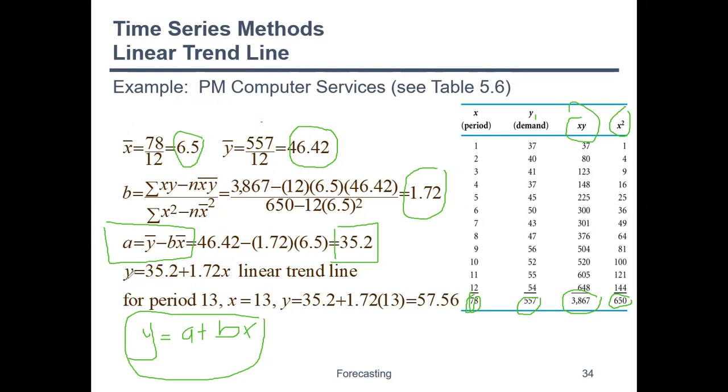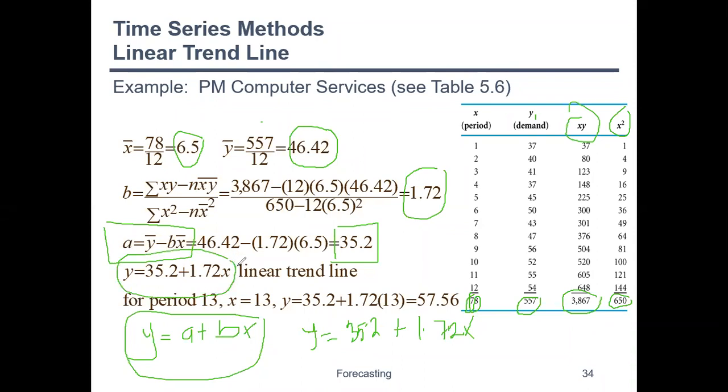So our trend line here will now be y is equal to, our A was 35.2, plus our B was 1.72 x.